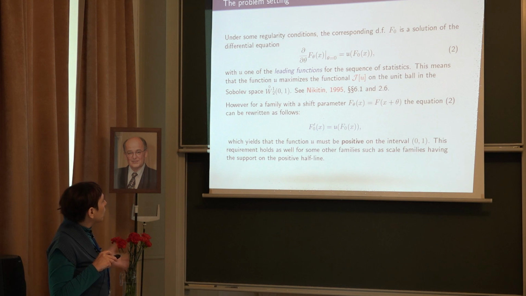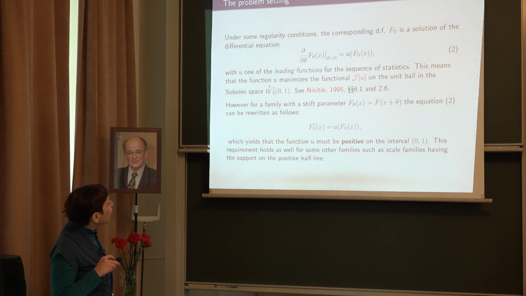We reduce the problem of goodness of fit testing in the usual way to testing the hypothesis that F null is just equal to x on the interval from 0 to 1, and for this purpose we make a Smirnov transform, and after that we come to this formula.